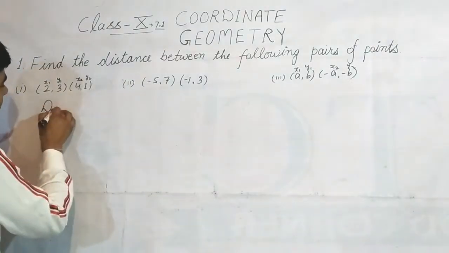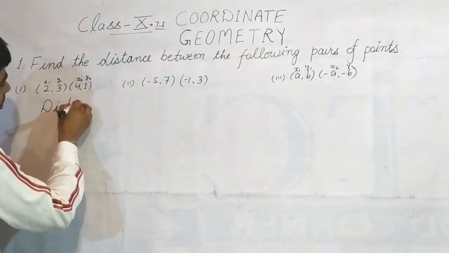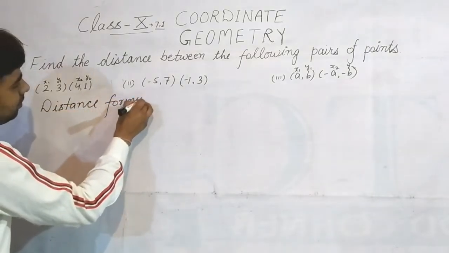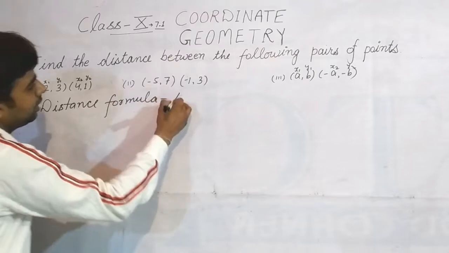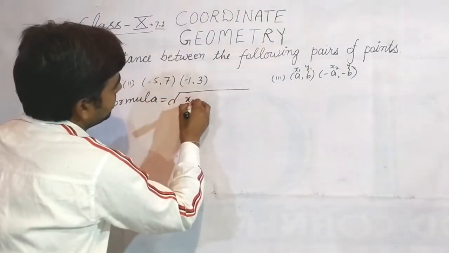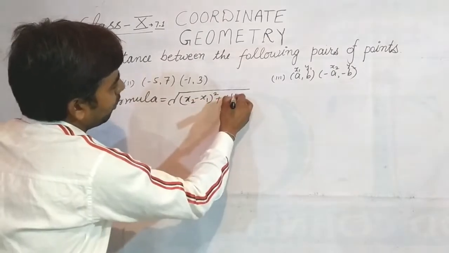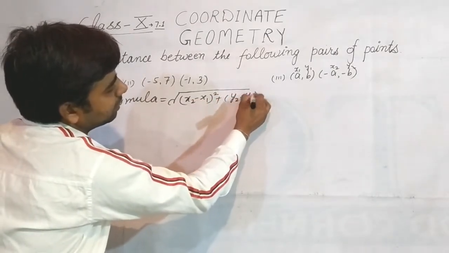First of all, we are required to write down the distance formula. This is the distance formula: square root of x2 minus x1 to the whole square plus y2 minus y1 to the whole square.